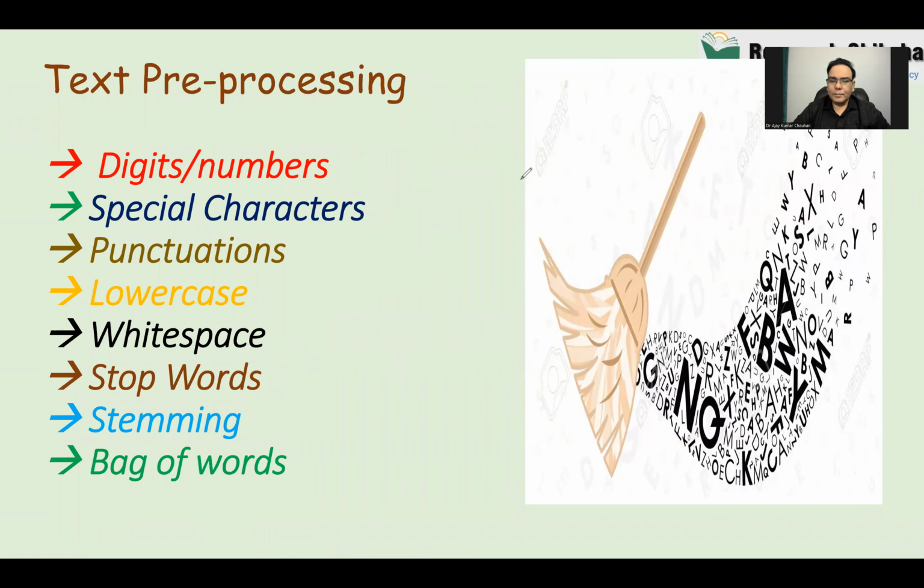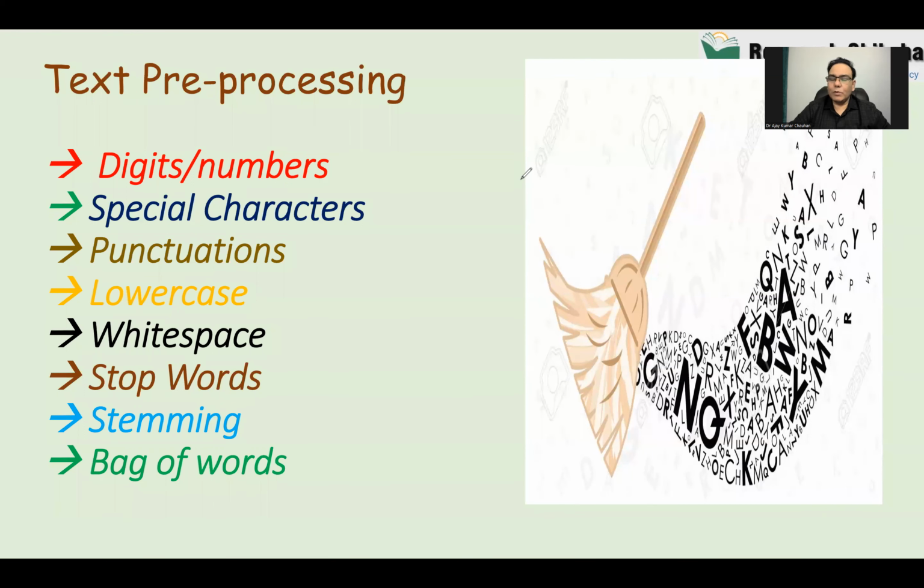Then either we have to convert all the words into small letters, or we have to convert all the words into capital letters. Because normally when we write, some alphabets come in capital and some in small. So we have to convert every word either to lowercase or to uppercase.